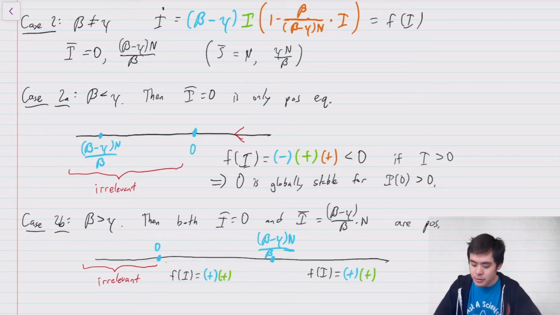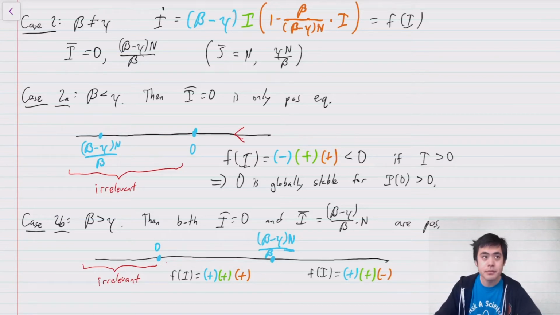And the orange term is going to be positive when it's less than (beta minus gamma) N over beta, because then this entire quantity up here is going to be less than 1, and so 1 minus something that's less than 1 is going to be positive. On the other hand, when it gets big enough, it's then going to be negative. And so this is greater than 0, and this is less than 0. And so we end up with an arrow this way and an arrow that way.